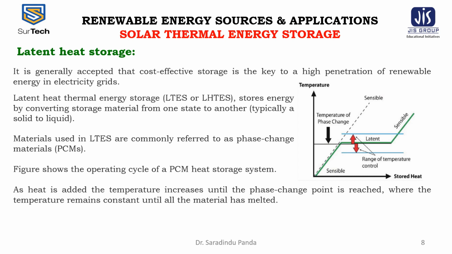As the heat is added, the temperature increases until the phase change point is reached, where the temperature remains constant until all the material has melted, as shown in the figure. Significant heat is added at a constant temperature during this state. The range of temperature control is from here to here.